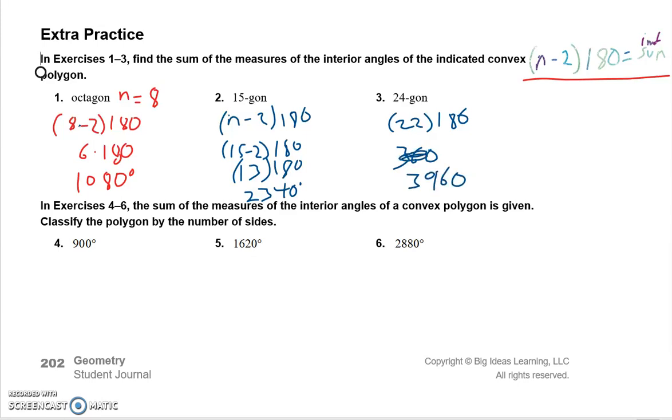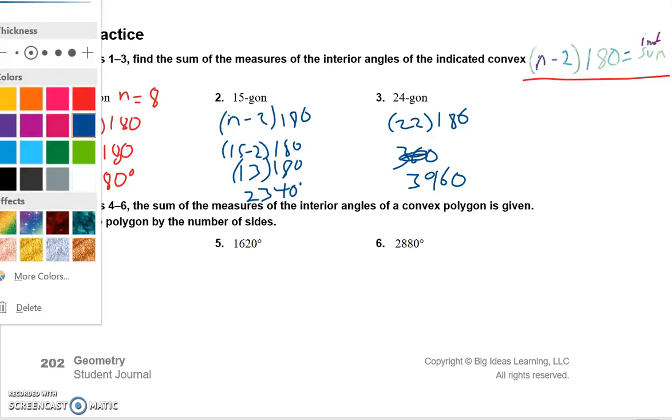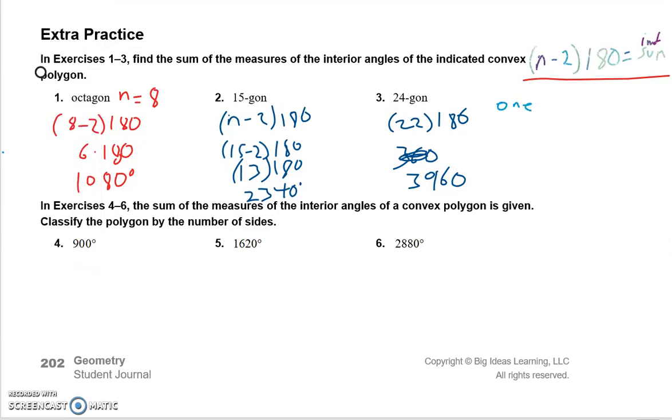If this just wanted one angle, if it's regular, then you take this 3960 and you divide it by 24. So 3960 divided by 24, one angle is 165 degrees.